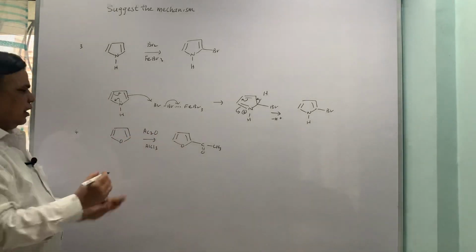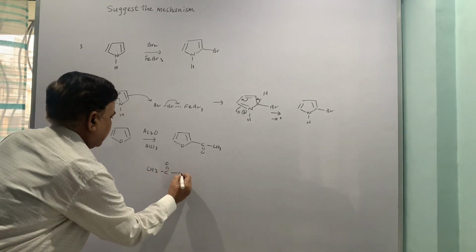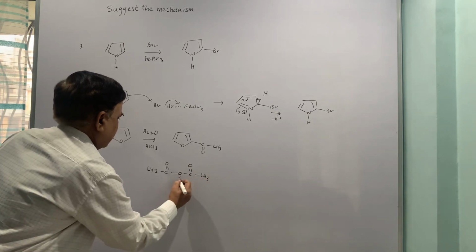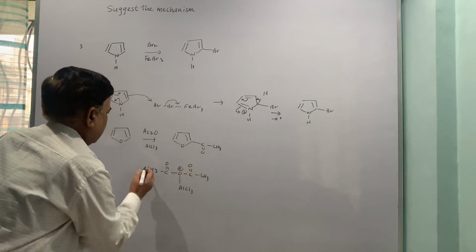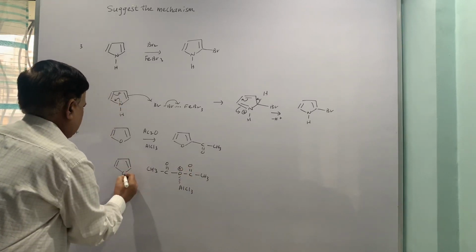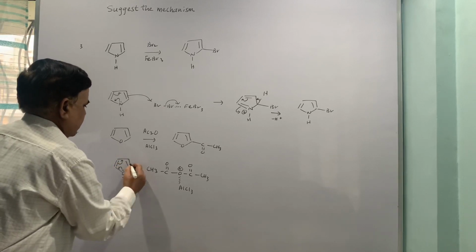You have to show that the acylium ion is generated. This is your acetic anhydride. This interacts with aluminum chloride. This becomes plus, and then your oxygen lone pair participates.